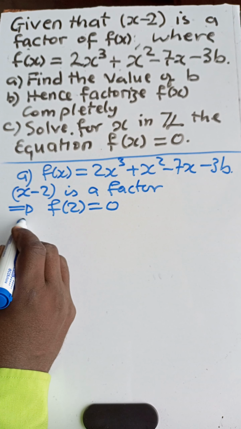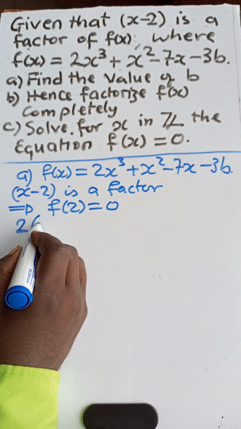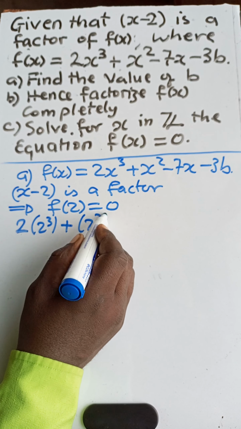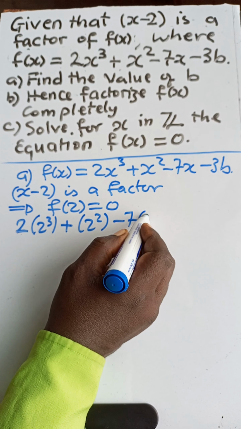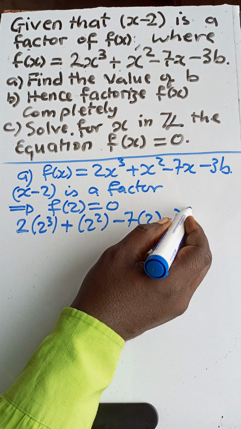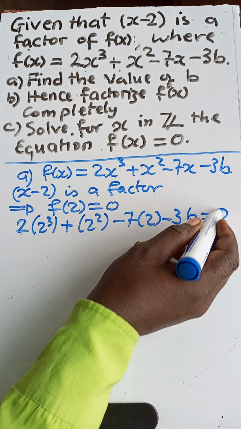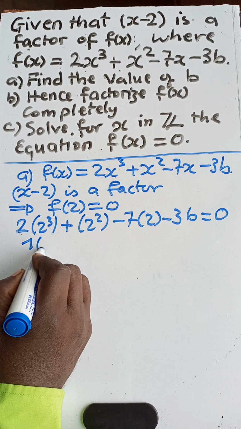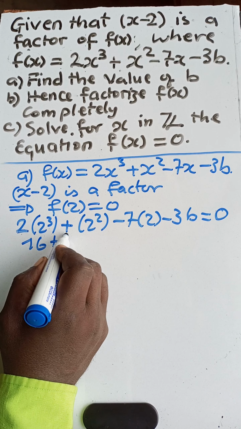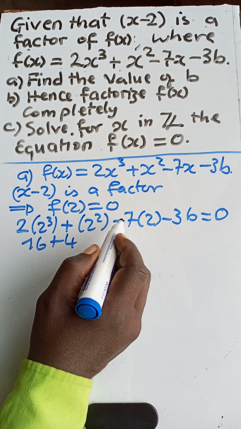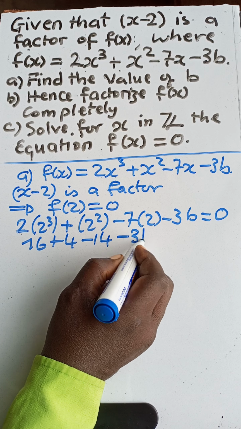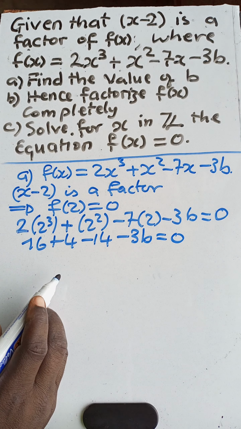So we have 2 into 2 cubed plus 2 squared minus 7 multiplied by 2 minus 3b. We expect that to give us 0. 2 cubed is 8 multiplied by 2 is 16. 2 squared is 4. 2 multiplied by 7 is 14, minus 3b giving us 0.